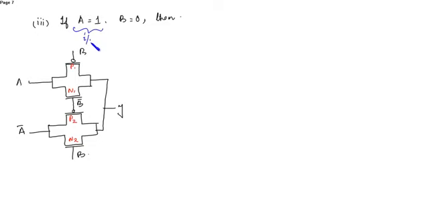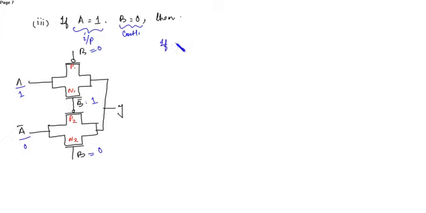So as we know, A is nothing but the input and B is the control signal. So here A is 1, so A bar will be 0. Here B is 0, then B bar will be equal to 1.